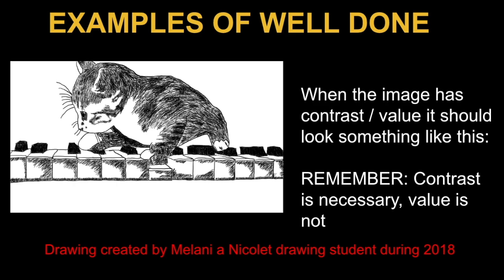What might have been nice on this one is if the person had added some color, they could have actually added the color of the piano, perhaps a darker brown up here, a lighter brown down here to show where the light is hitting the piano. Or for example, a lighter brown here, a darker brown as it moves over to the right, as you can tell that the light source is kind of on the upper right, the way that the person did the value on the cat. That would have actually made this piece a little bit stronger.